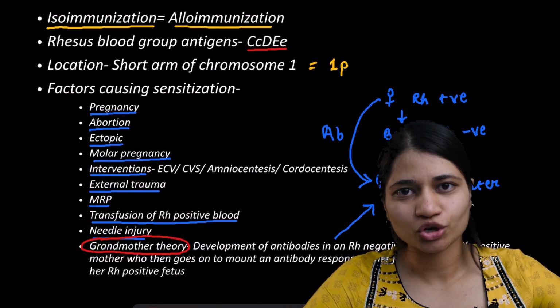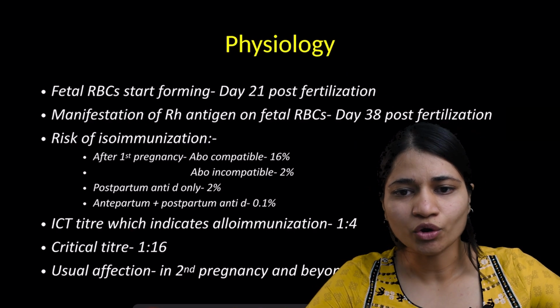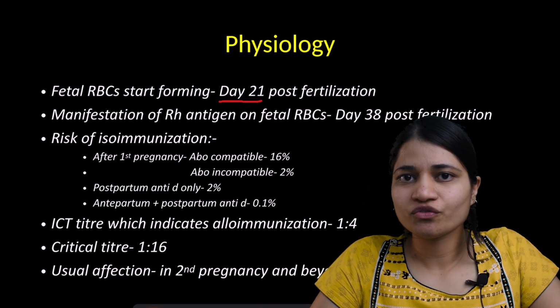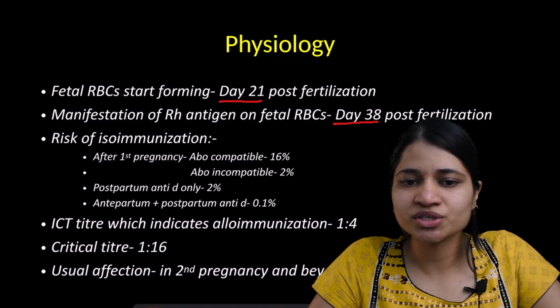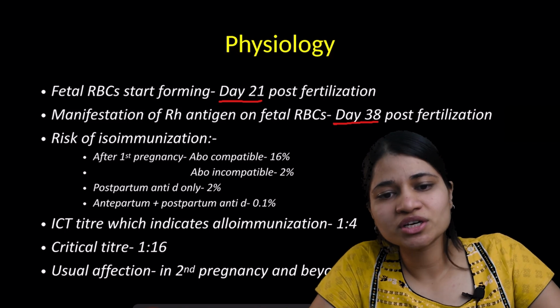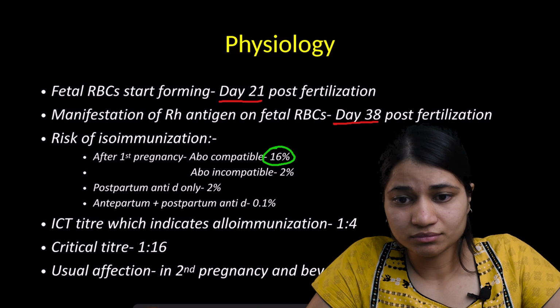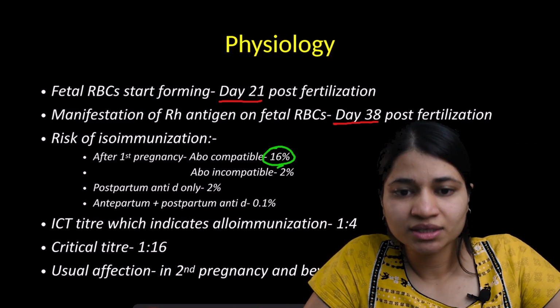Let's talk about the physiology of Rh isoimmunization. Fetal RBCs start forming on day 21 post-fertilization, and manifestation of the Rh antigen on the fetal RBCs occurs on day 38 post-fertilization. The risk of isoimmunization after first pregnancy in an ABO compatible female is 16%, ABO incompatible is 2%.